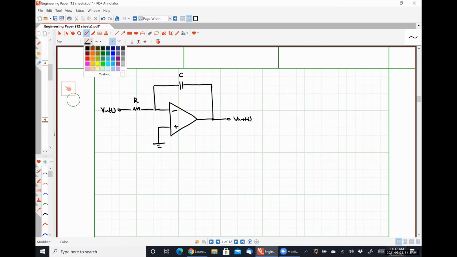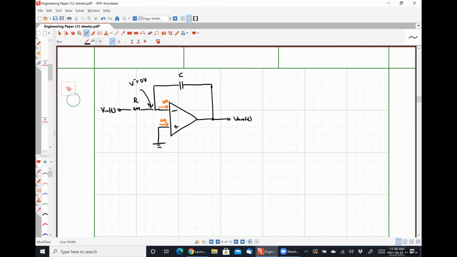Okay, so if I apply my op amp rules, I have no current flowing into either of the input terminals. I have a voltage, V minus, that is 0 volts.